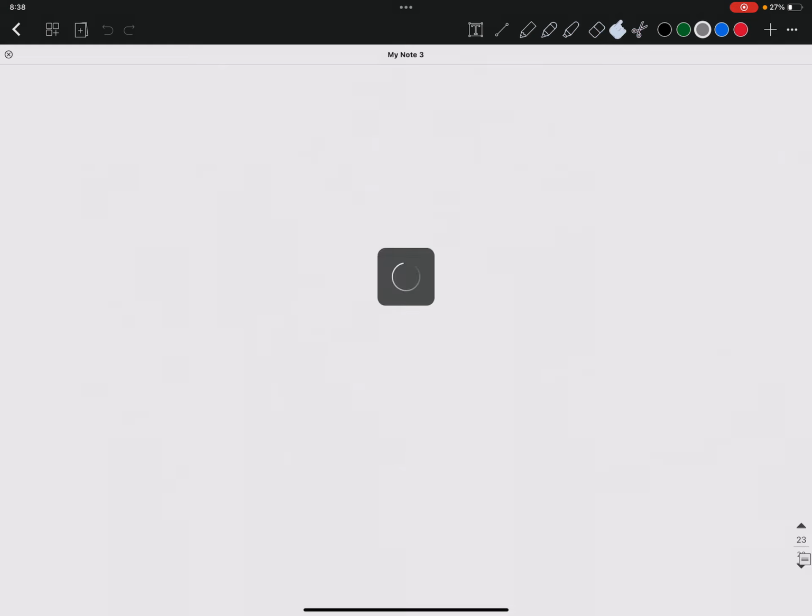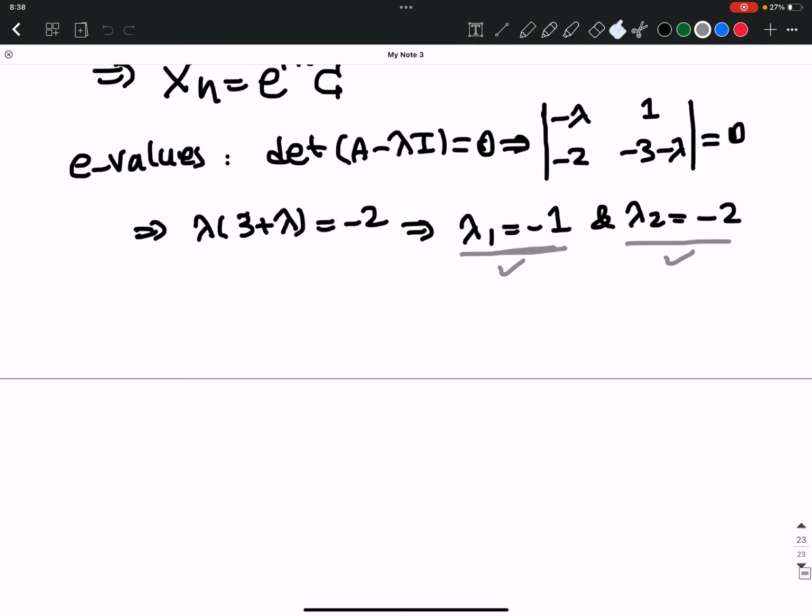Now I need to find my eigenvectors. That is my second thing that I will do. So for eigenvectors, let's find it first for the first one, lambda 1 equals minus 1.